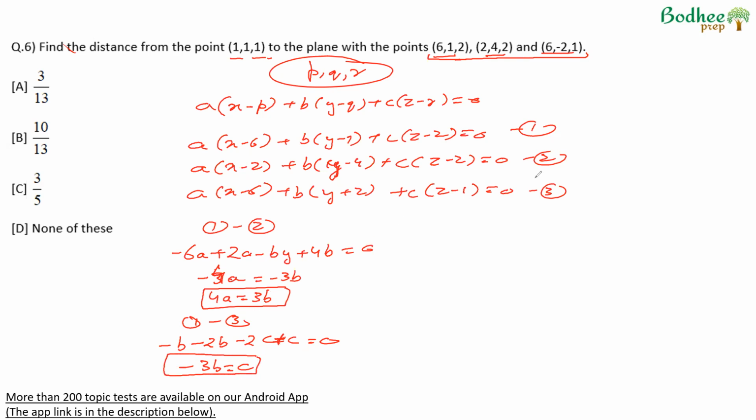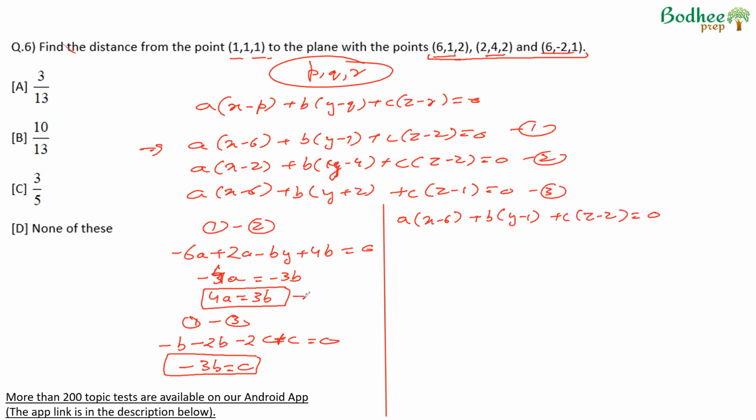If we substitute this in any one of the equations, for example, suppose the first equation, we write this as a into x minus 6 plus b into y minus 1 plus c into z minus 2 equals 0.